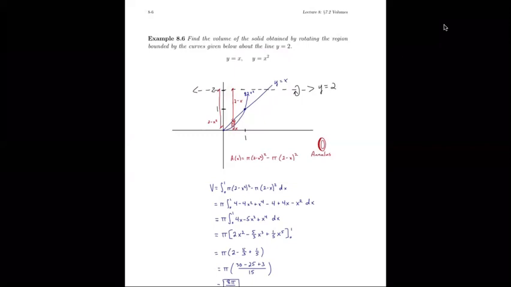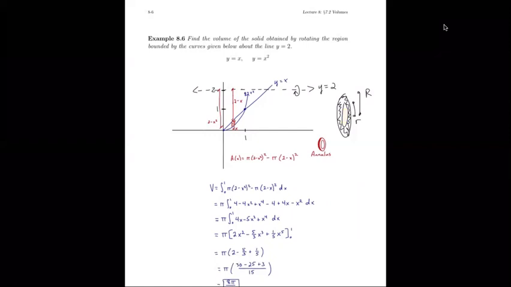A cross-sectional area of this thing would be a disk like this, and it's got a hole punched out in the middle of it. So you're going to take the area of the outer function, which might have a radius capital R, and then minus the area of the lesser circle, and you'll effectively remove that punched out area in the middle of it. And that's exactly what we're going to do in this case.